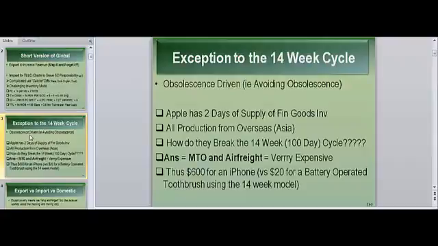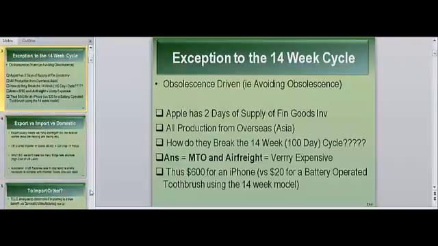Apple, due to the high probability of obsolescence, that today's new iPhone will be an antique in 6 months, they cannot afford to have 14 weeks of inventory in their system to cover what's mostly driven by that long in-transit time from the overseas factories to the United States. So that's how they do it. And they're kind of an exception to the 14-week cycle.